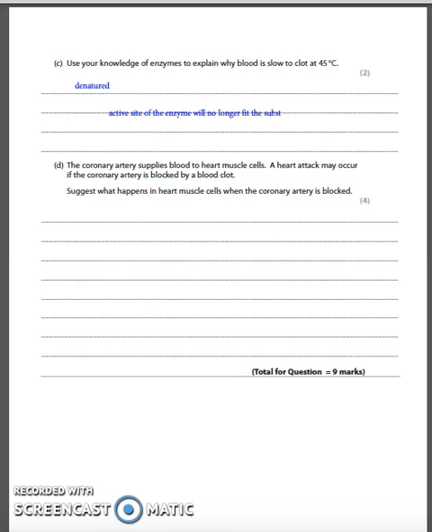So this is what actually happens when an enzyme denatures. You can take this point to be included in your answer.